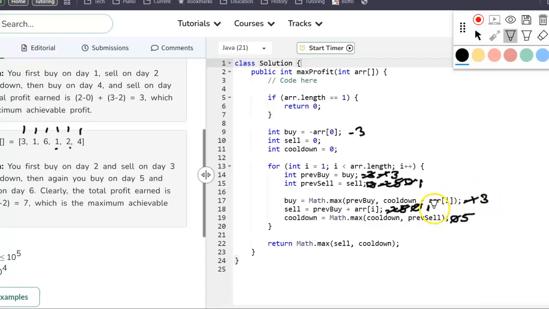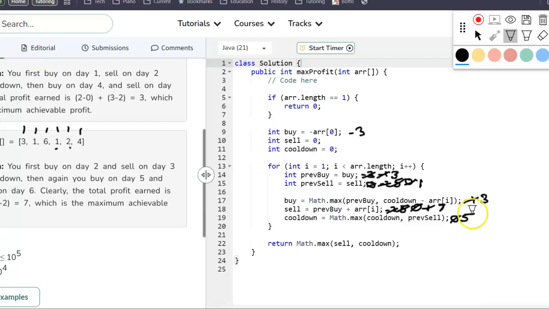Sell is previous buy plus array at I, which is 4. All right, previous buy is 3. Now, if we add 4 to that, we get 7. So that seems like a good move to sell on the last day.